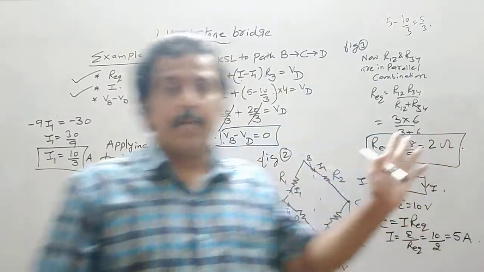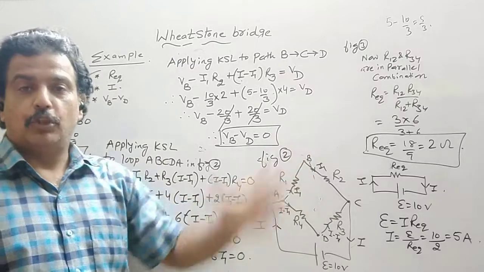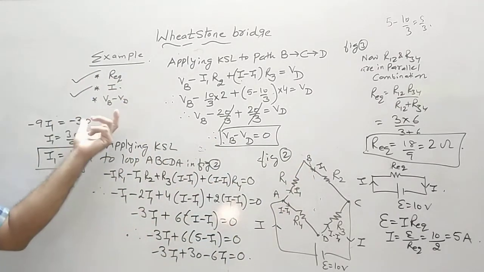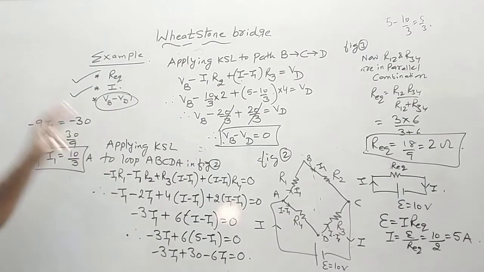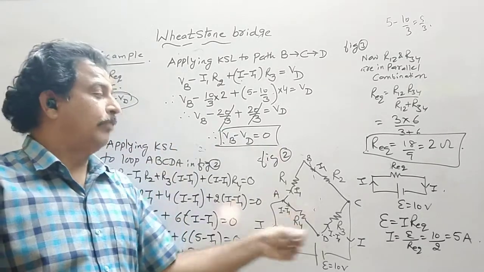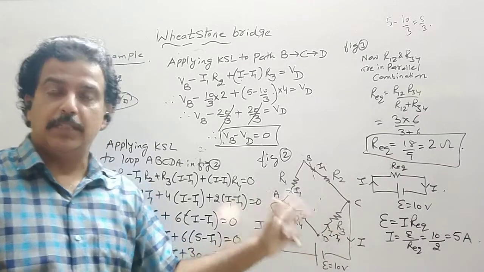So this is the application of the theory of the Wheatstone bridge. It can be used to find out R equivalent and current in the circuit. We found the potential difference between B and D just to understand that it comes out to be 0, or why that fifth resistor or the galvanometer becomes ineffective.